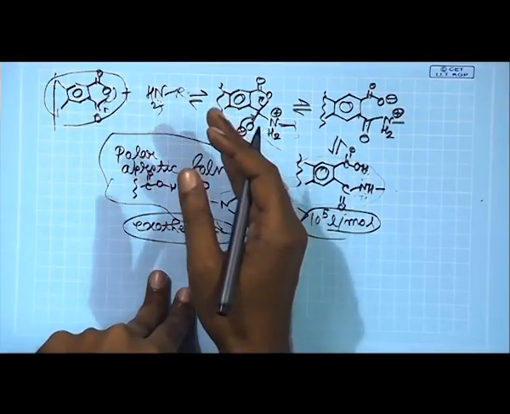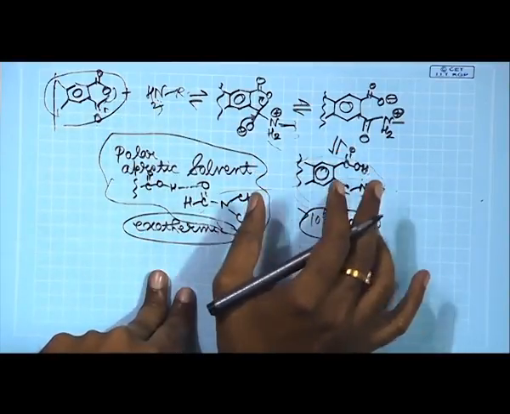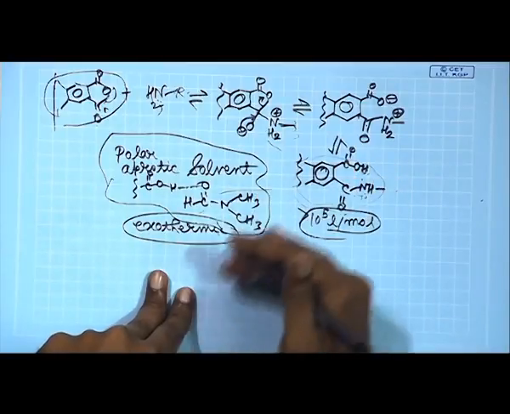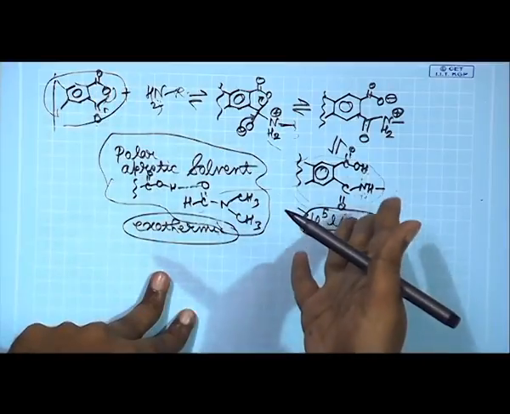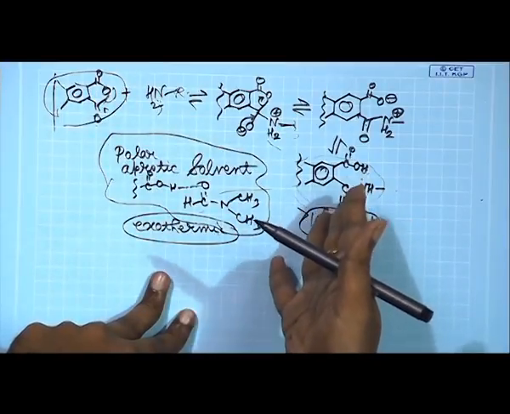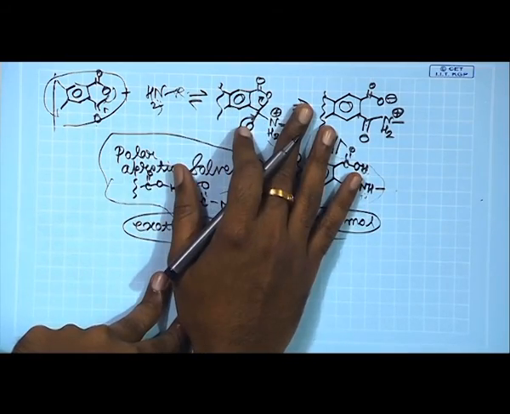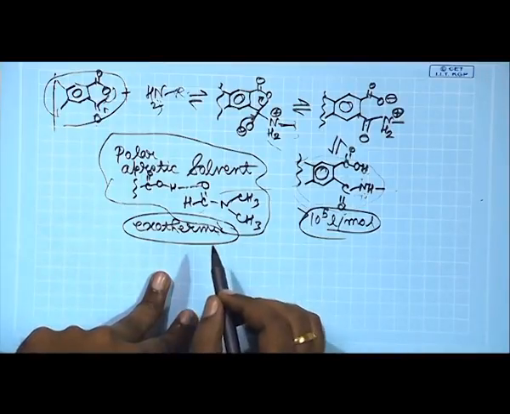That is why you want to do the reaction at a low temperature. If you do the reaction at a low temperature, you will have a high yield of high molecular weight polyamic acid. If you increase the temperature, the equilibrium shifts to the left, to the starting material. So, you compromise the molecular weight of polyamic acid that you have got. That is why you have to do this reaction at a low temperature. And we also explained why you are going to use a polar aprotic solvent for this reaction.